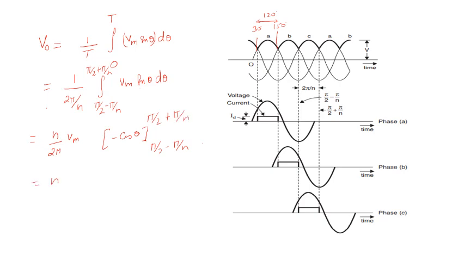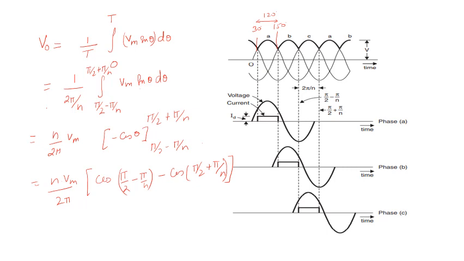So n into Vm upon 2 pi, and I'm putting it like this: cos of pi by 2 minus pi by n, minus cos of pi by 2 plus pi by n. Because there is a minus sign, I am putting the upper value last and the lower value first.